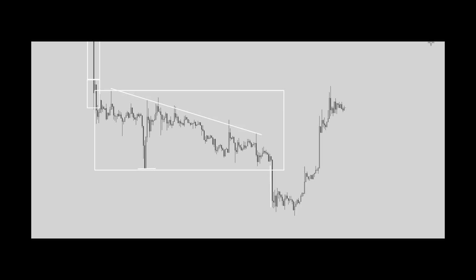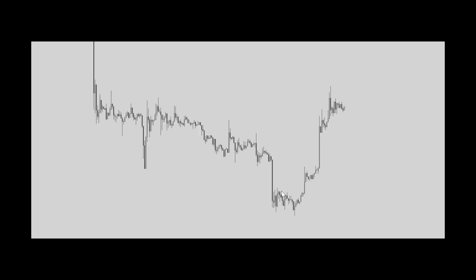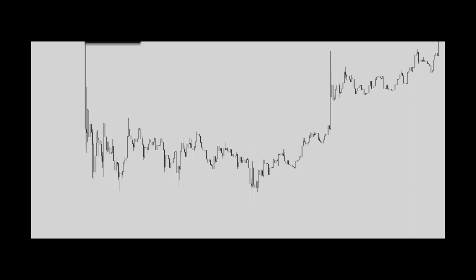And then the same thing again, just to demonstrate that price is fractal. If I go to an even lower time frame chart, what I'm looking at is this area here. That's your momentum move. There's your flag limit.